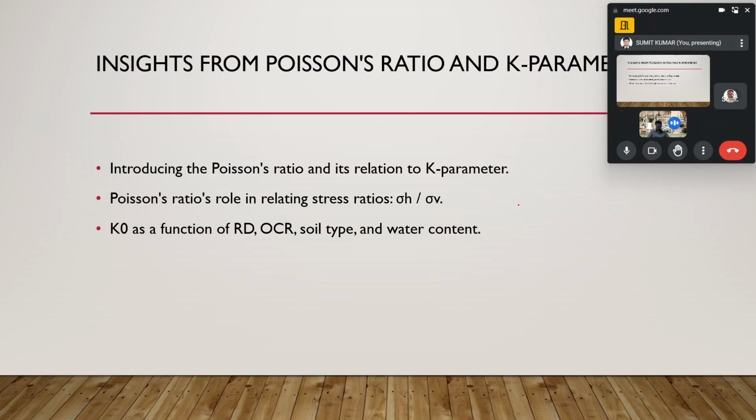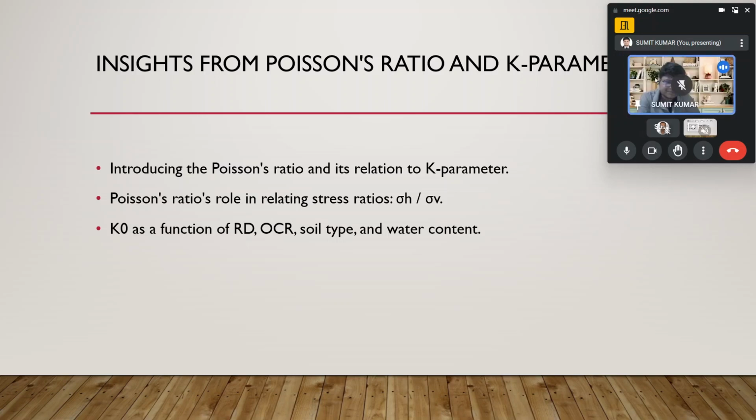The coefficients of earth pressure, like the active and passive earth pressure coefficients Ka and Kp, are nothing but the ratio of stress in the horizontal direction to the stress in the vertical direction, where K naught is a function of over consolidation ratio, relative density, soil type, and water content, and on the basis of that we state different properties for the soil. I think this is very clear.